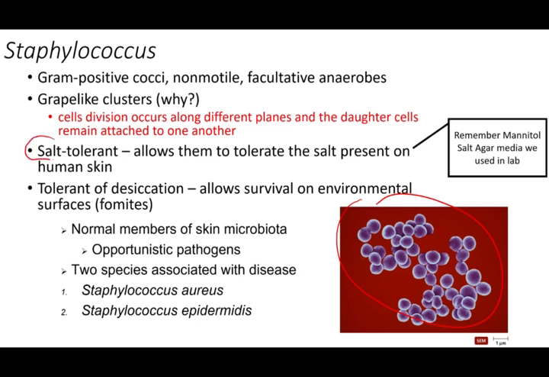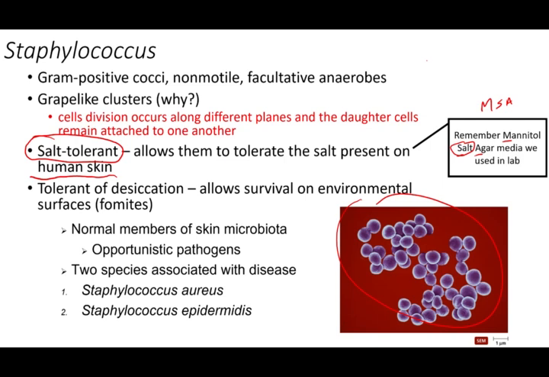There's some other characteristics that we've touched upon at different times. So salt tolerant describes the Staphylococcus group. And that characteristic is one of the components that allows them to colonize and survive on human skin. And so if you think back to a lab exercise that we did, we used a media that was called MSA for short, and that's mannitol salt agar. And so that second word in there indicates the high salt concentration.